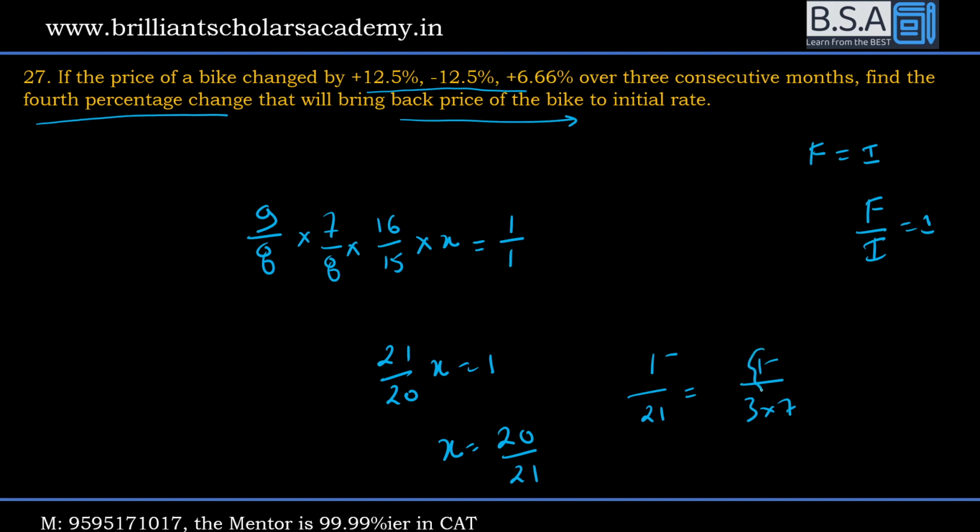1 upon 7 is how much? 14.28. So 14.28 divided by 3. That is 4.76%. 1 by 21 is 4.76%. That is the question. What should be the last change to bring back the sum to the original?